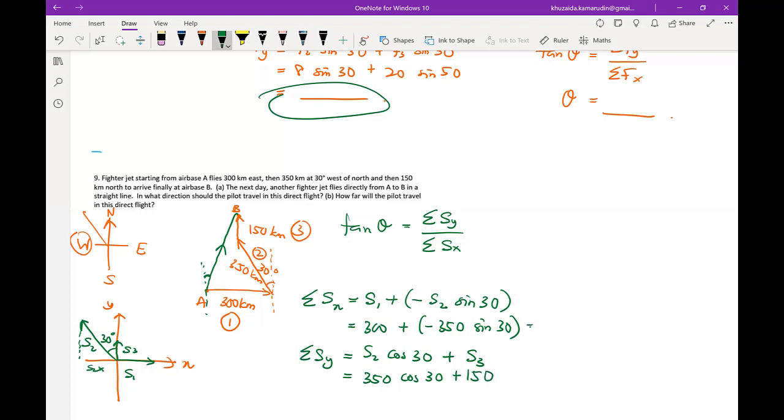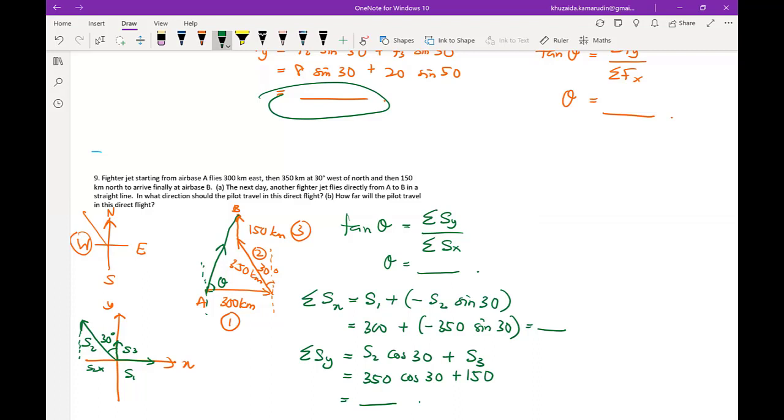Okay, so ni tadi you dapatkan jawapan. So this one pun samalah, dapatkan jawapan dia. Right, then you substitute dalam equation tadi, tangent theta equals summation of Sy over Sx. Then inverse tangent, you will find what is the direction. Okay, dapatkan theta dekat sini lah. Okay, alright. So theta yang kita akan kira, kita akan dapat reference to this one kat sini. Okay, so theta yang kita dapat tadi.